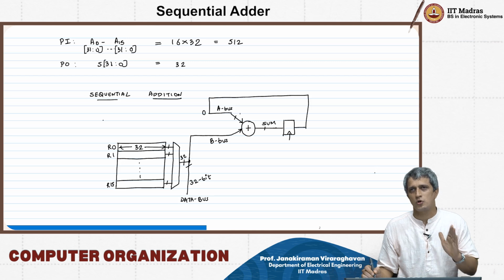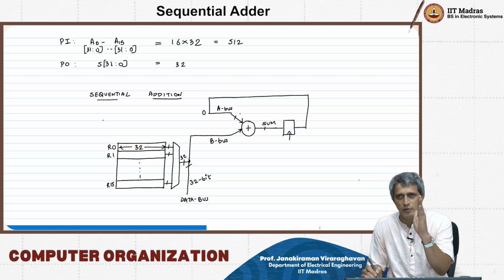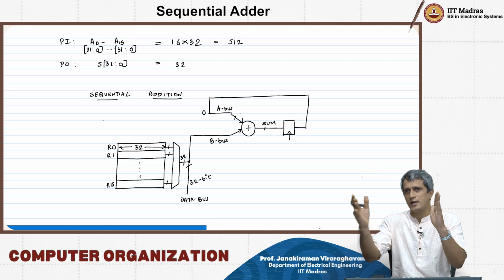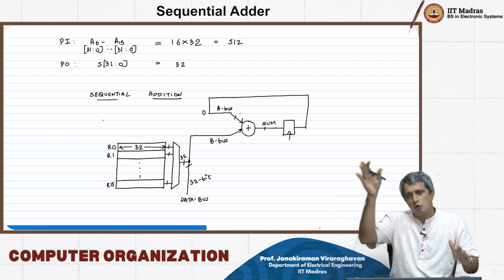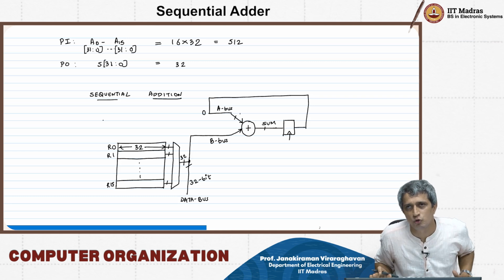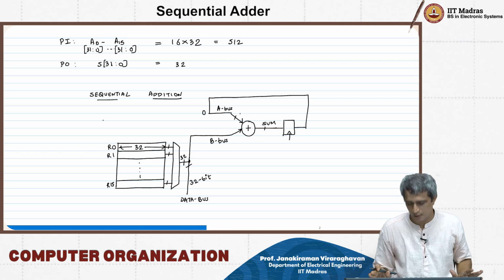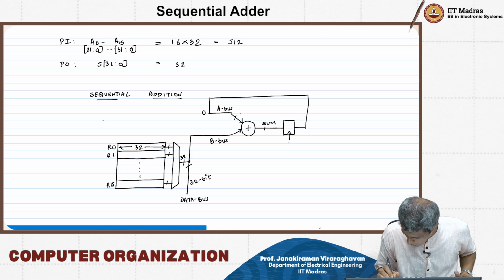The sum will appear at the input of this flip-flop. When the clock ticks, data will go to the output, and that output is going to be fed back to this A bus. I am going to call this a clock.